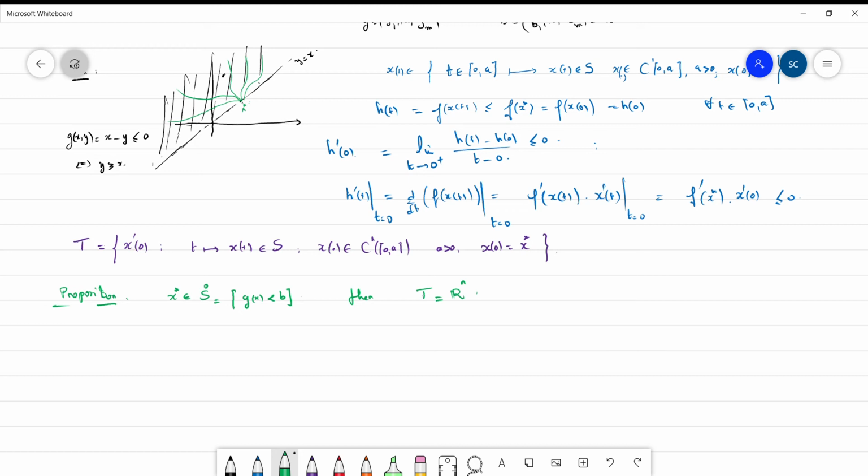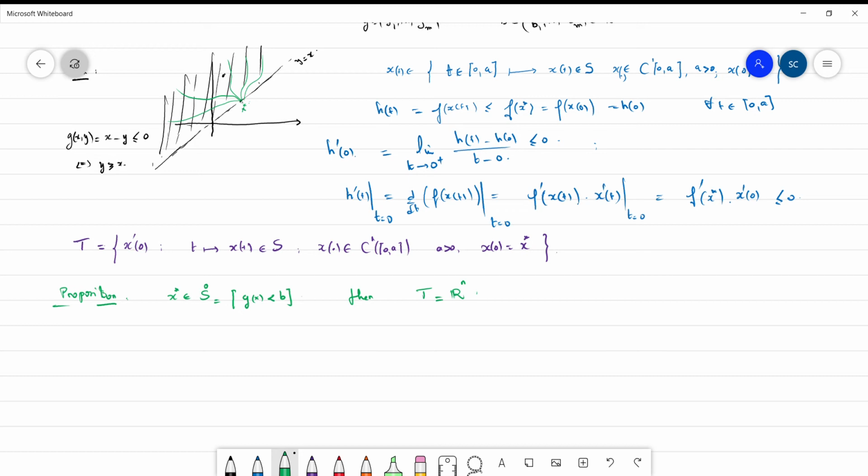The second situation where we can identify the set of tangent vectors is when we consider regular points for x star. So let's give exactly our set. What is our set? Let's identify the set of tangent vectors.